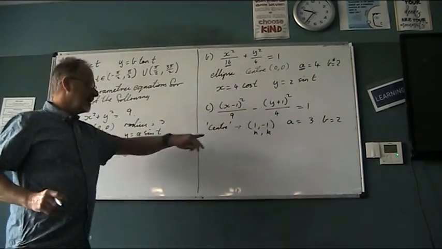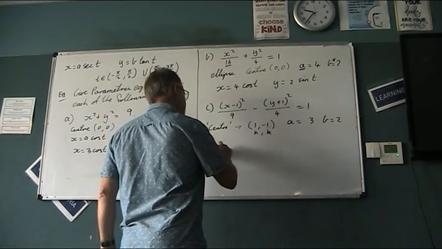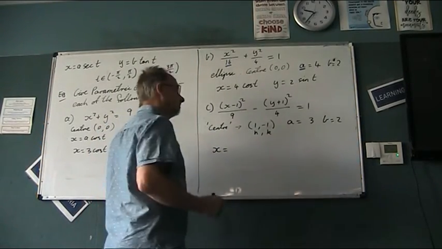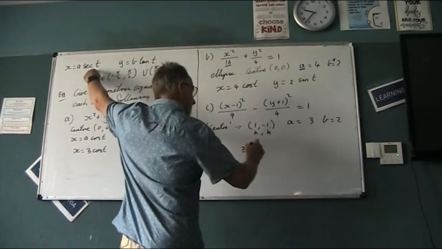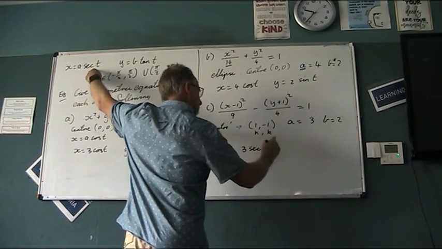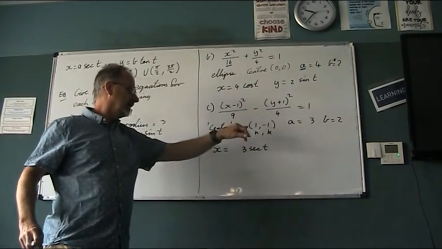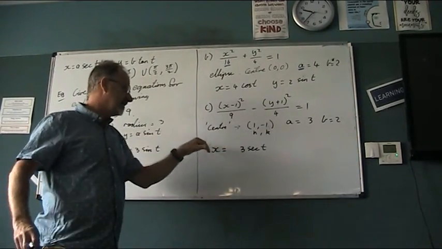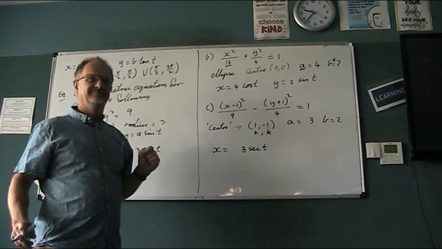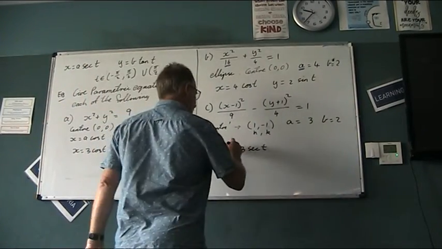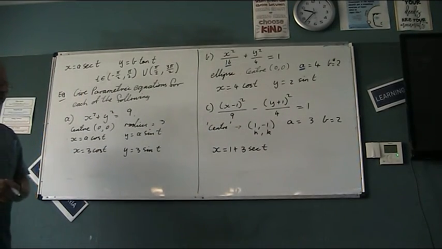So this translation effect, when we do our, we have 3 sec t. And how's this translation in the x direction of 1, how are we going to represent that in there? Is it plus 1? Plus 1 or 1 plus is how you would often see it used, yeah.